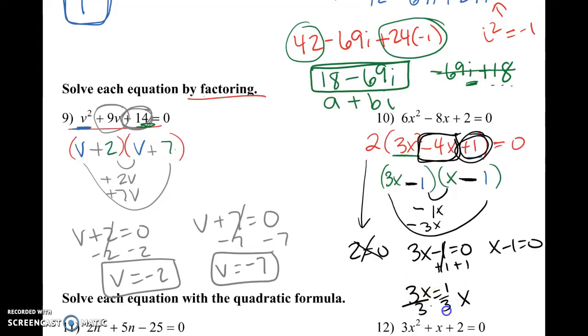Divide by 3. And x equals 1/3. Over here, I add 1, and I get x equals 1. So my two solutions are x equals 1/3 and x equals 1. If you want to check your work, go ahead and substitute them in here for x and see, do you get 0 when you substitute these in?